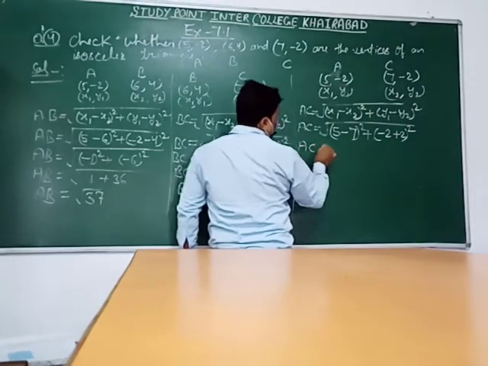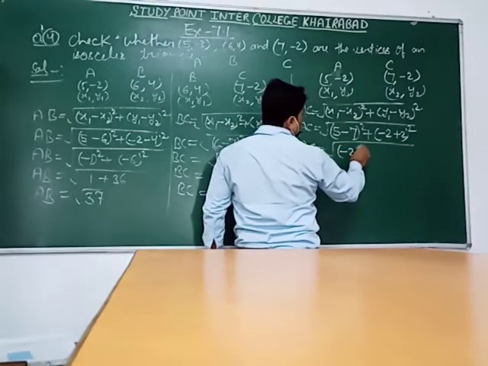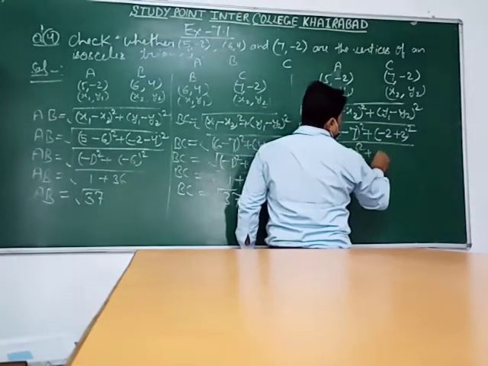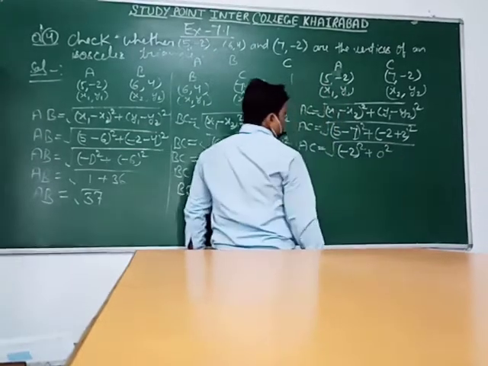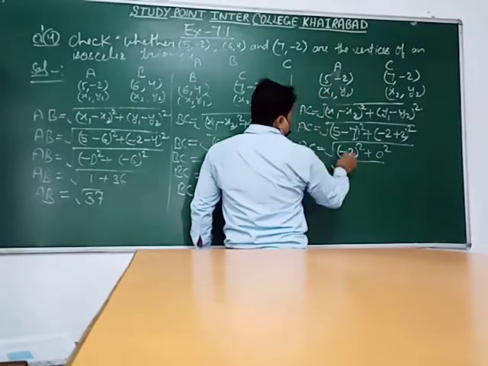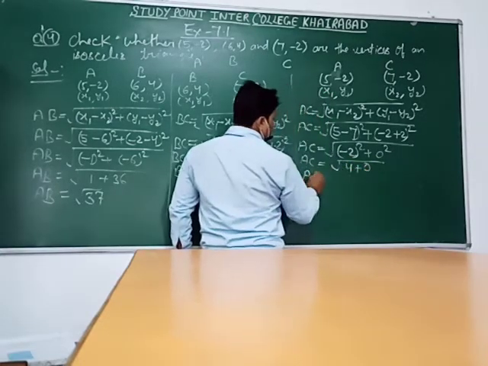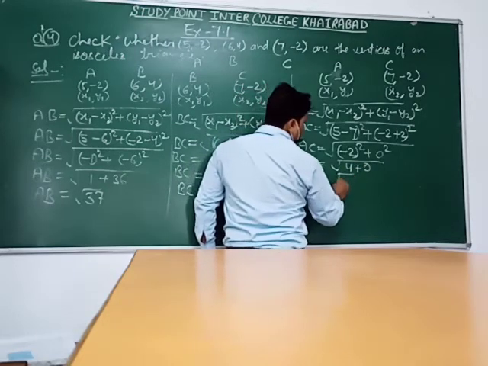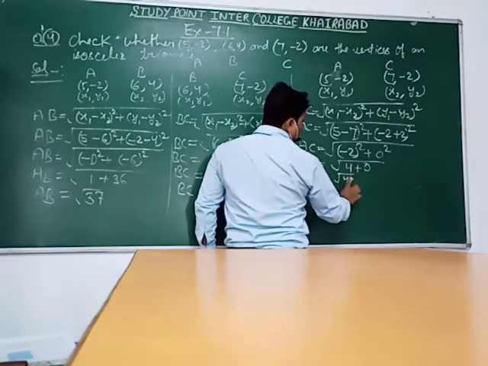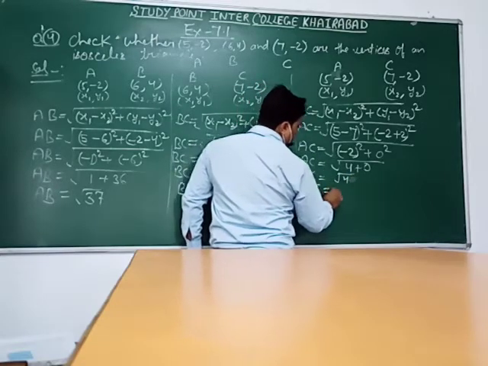That is 5 minus 7, which is -2, square, plus -2 plus 2, which is 0, square. -2 square is 4 plus 0, so root 4, which is equal to 2.